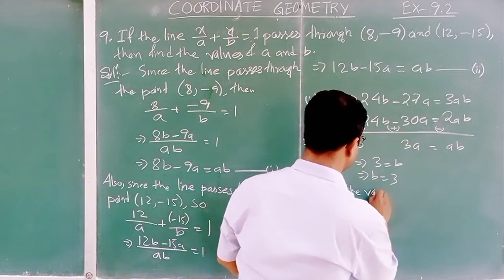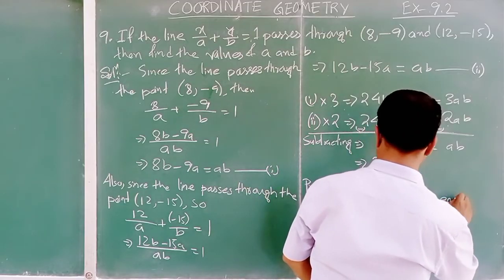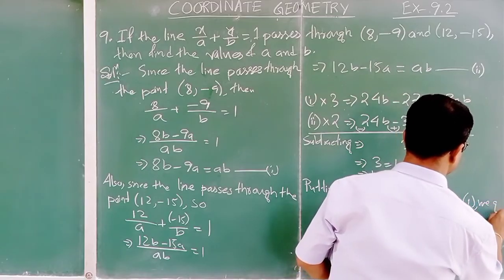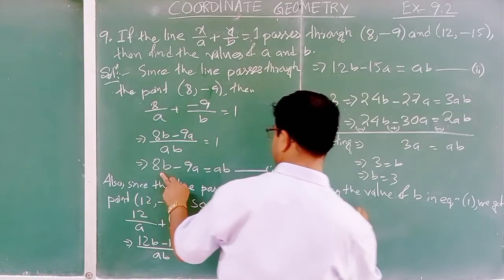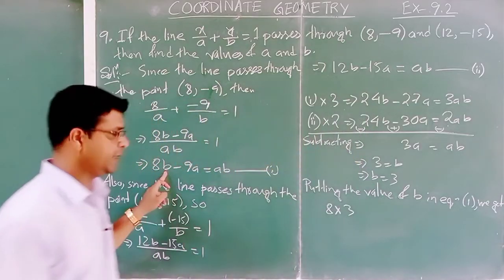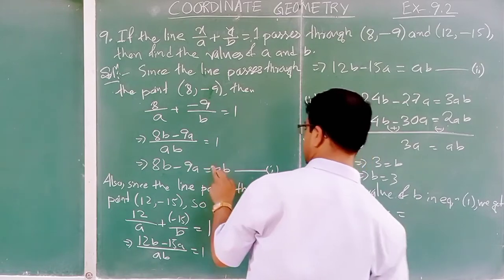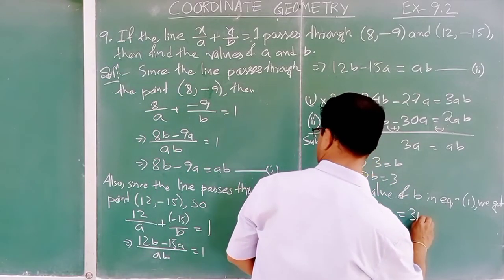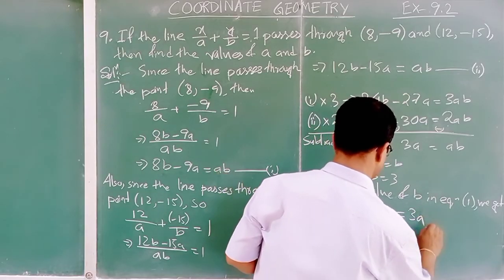Putting the value of b in equation 1 we get, what do we get? 8b, 8 into 3. So 8 into 3 minus 9a is equal to ab. a into b, b is 3. So 3a.